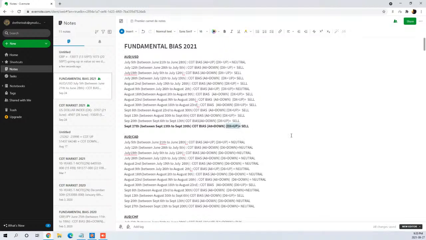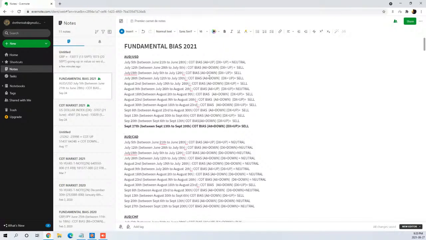If you look at the data here, you're going to see that I have DX, the dollar index, up since June. Basically since July, because the data that I have here is since June 21st. But since then, still going up.